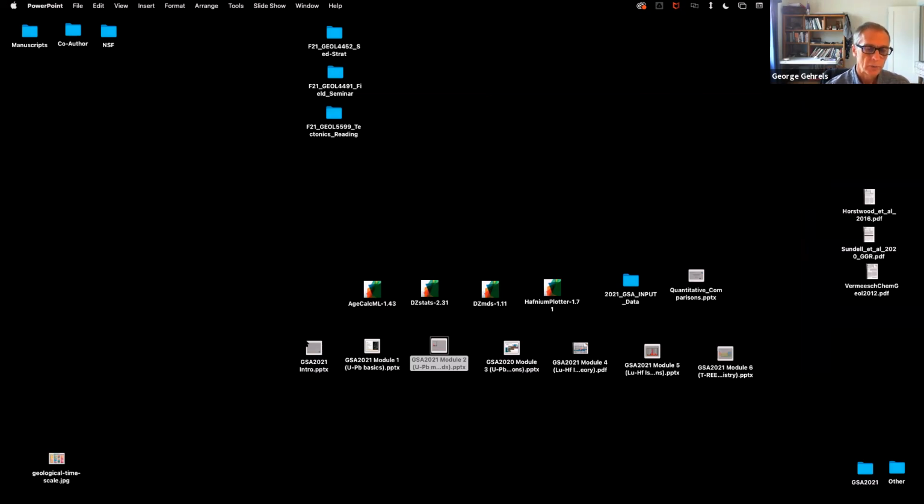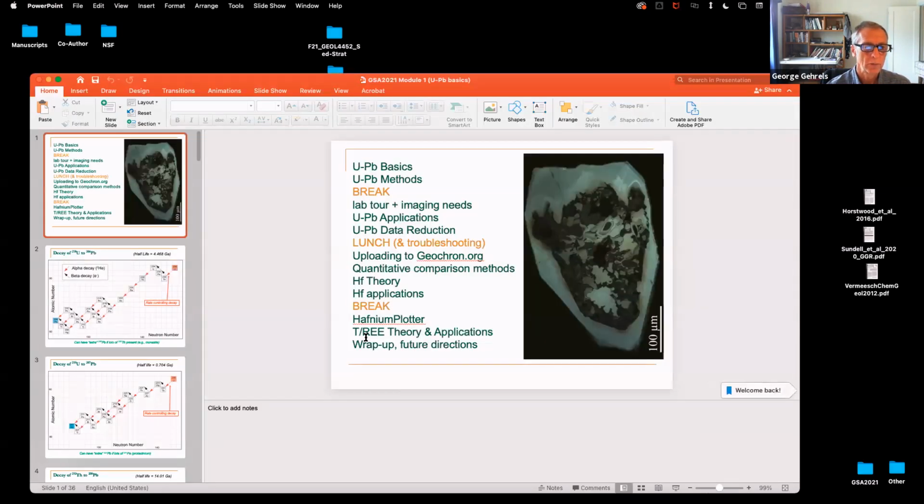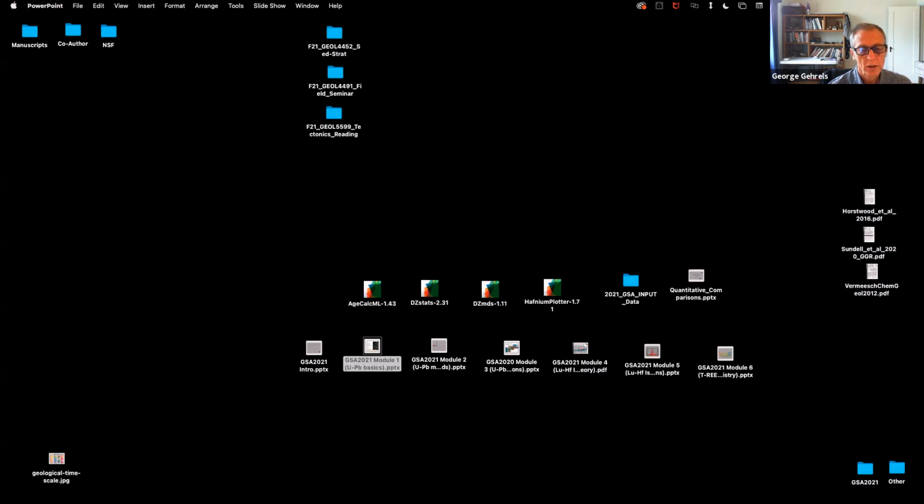The standards range from 3.6 billion years old to 26 million years old. So pretty much the whole range of time that you can do with uranium-lead. These are all zircons. And we put 100 crystals in each little packet, and there's 10 of those little standards that come in a set.